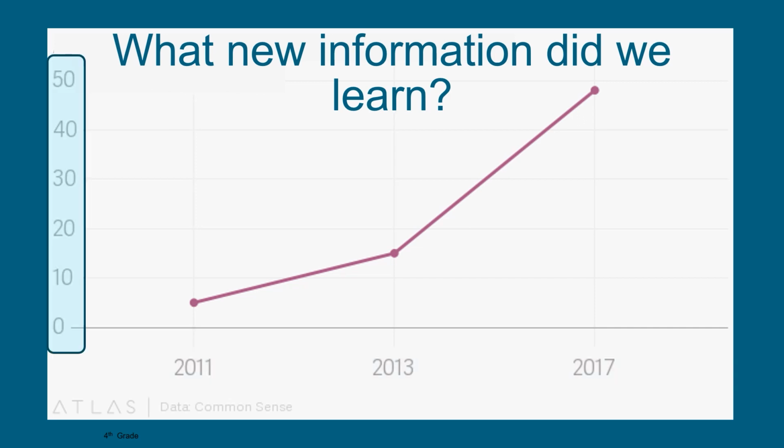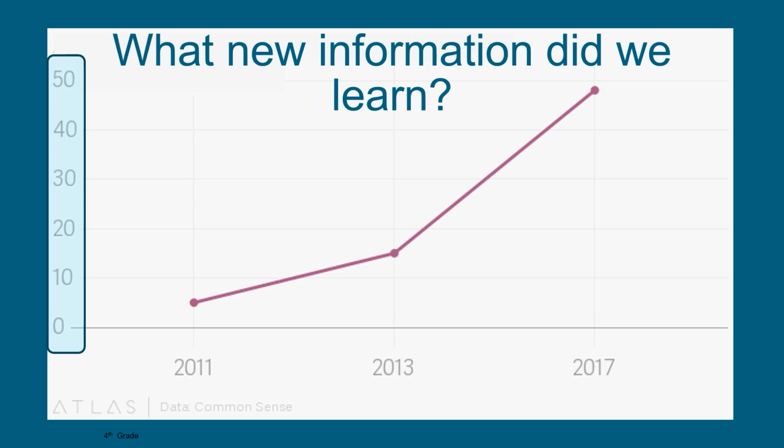What kind of data do you think the graph is showing us over years? What new information did we learn? Look to the left side of the graph. We now have the y-axis, which goes up the side of the graph. What is the y-axis counting by? The y-axis is counting by tens.